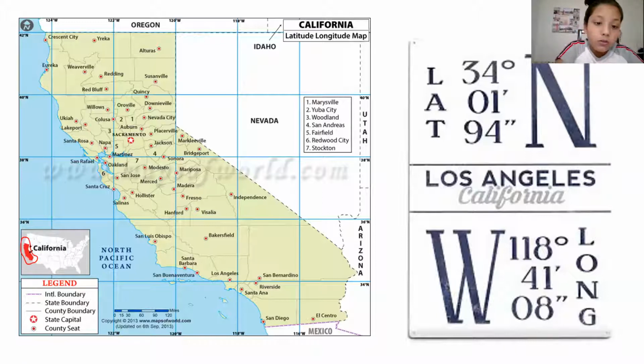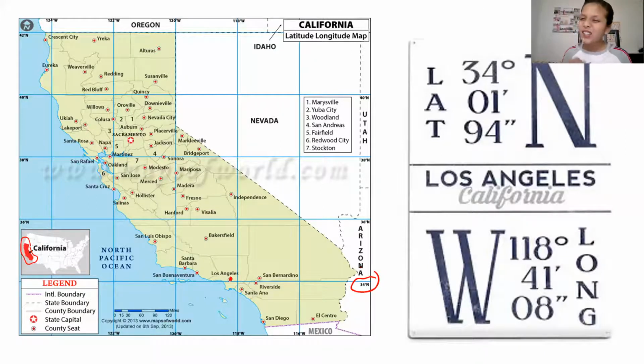Okay, so Los Angeles is right here. We have to find the latitude first, don't we? So you might say it's on the 34 degrees latitude line, but it's not.